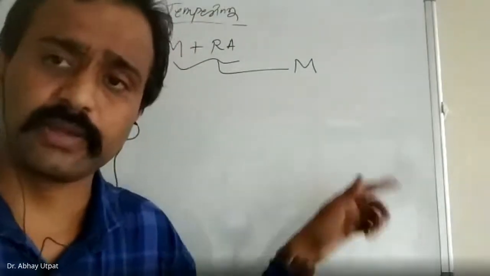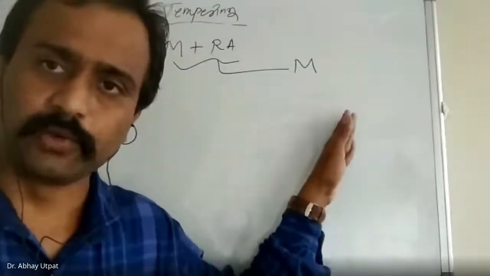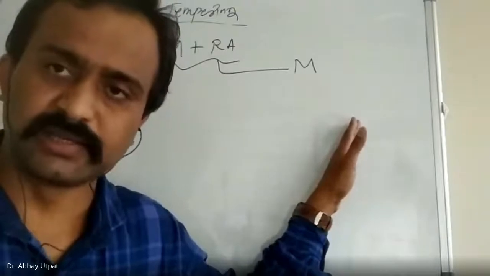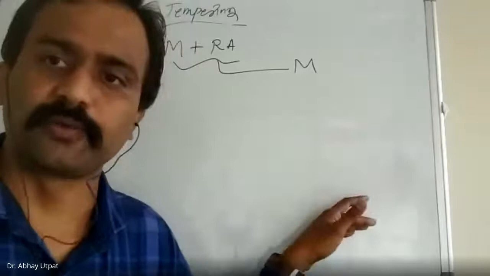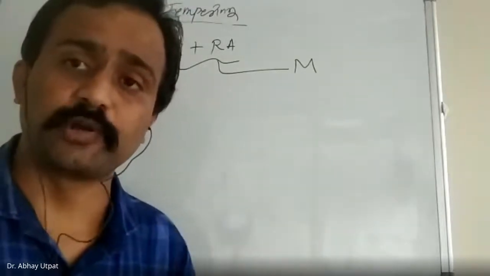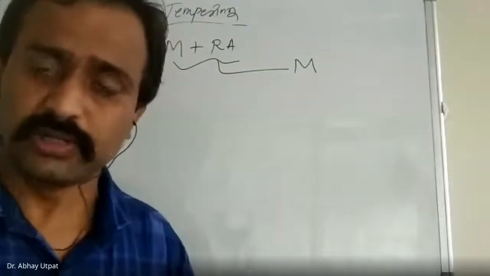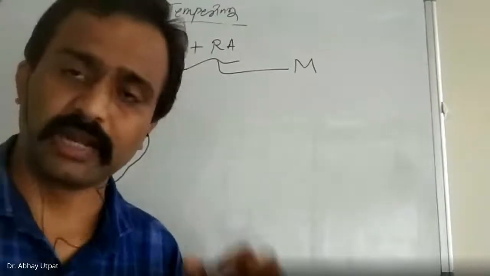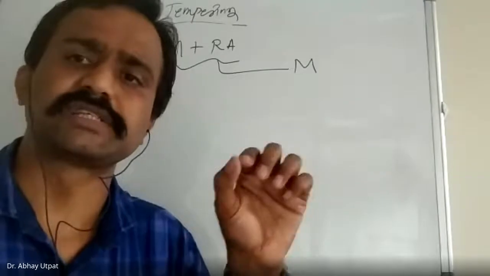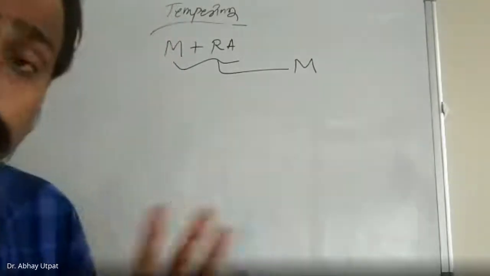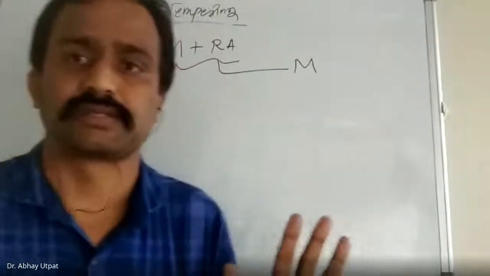This example I gave a few minutes before: if the original hardness is 50 RC, because of reheating it may become 43 to 45, but the additional property of toughness is achieved. Low temperature tempering is usually given to high carbon steels and alloy steels, where we don't want to reduce much hardness.